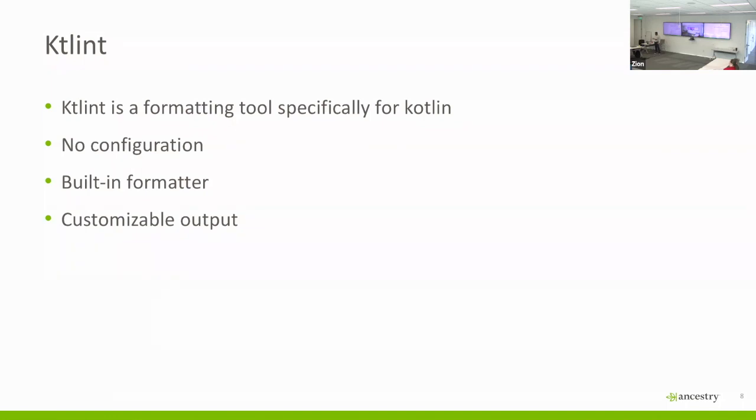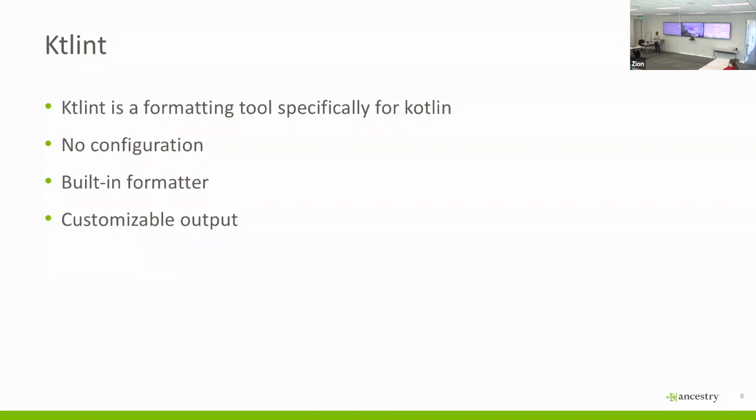So another feature of KT-lint is you don't have to do any kind of special configuration. It's a matter of just getting KT-lint using some command line tools. And then it also has its own built-in formatter. And what I mean by that is the guidelines and the rules that dictate how KT-lint works is being taken care of by KT-lint.